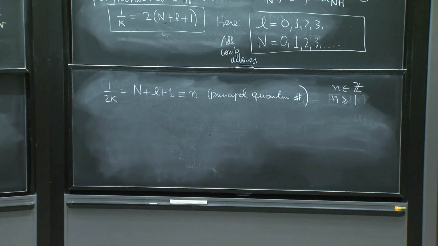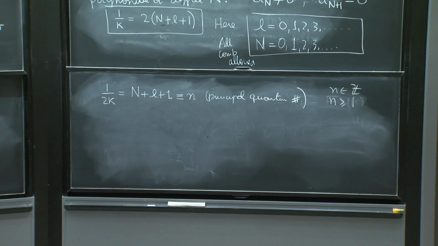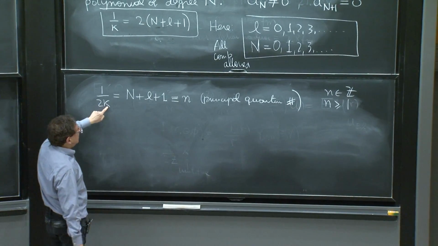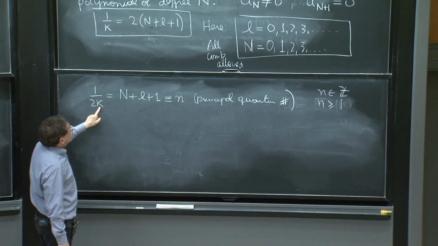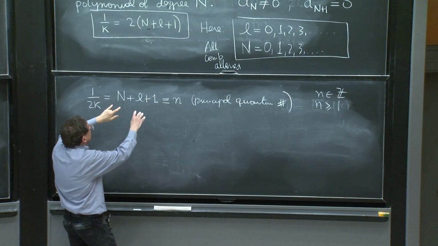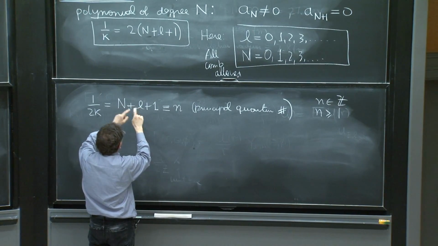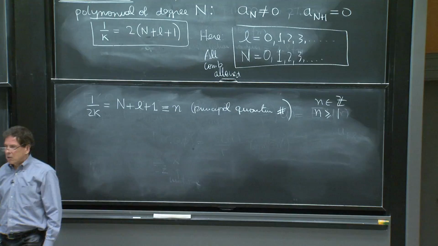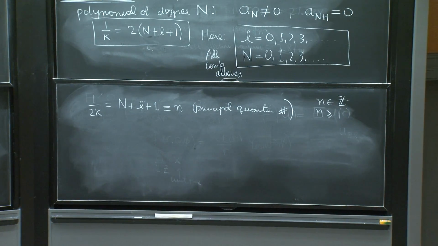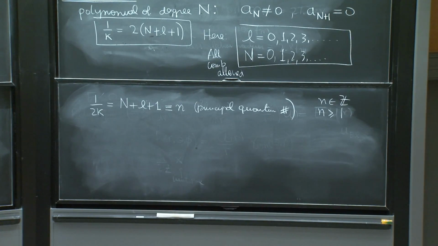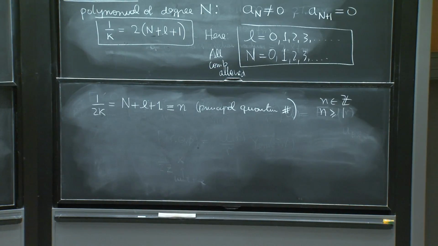N is a fundamental number because it immediately gives you the value of the energy, which we will write more physically shortly. But it hides within it a degeneracy that is allowed because of these different numbers. These different numbers have to do with the degree of the polynomial and the value of L that you are using.